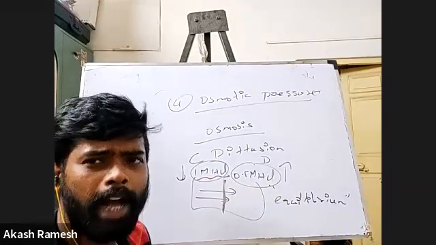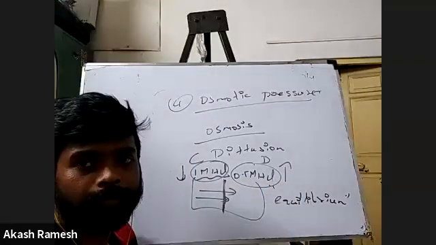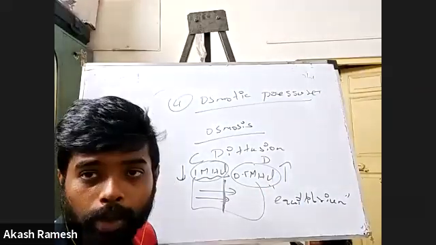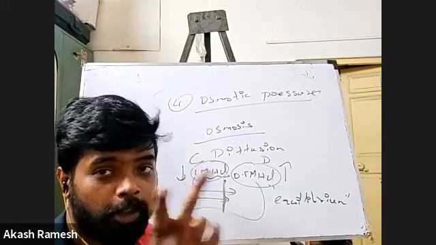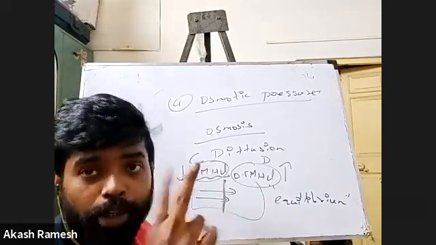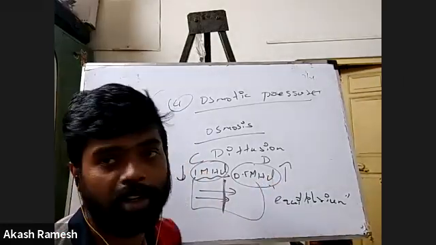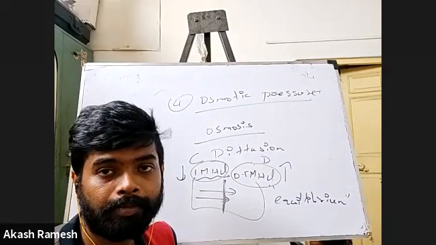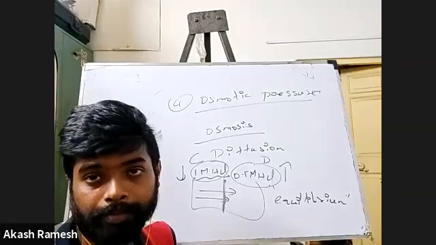Now, if I have to increase the concentration of this, what will I do? You tell me. See, there are two things, solute and solvent. With respect to the amount of solute and solvent, tell me, how do I increase the concentration here? What is concentration? Concentration is the amount of solute. Correct.